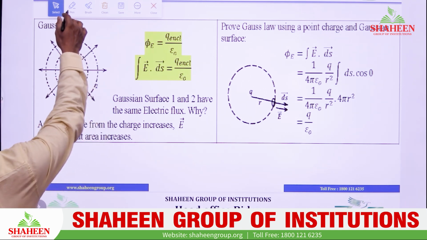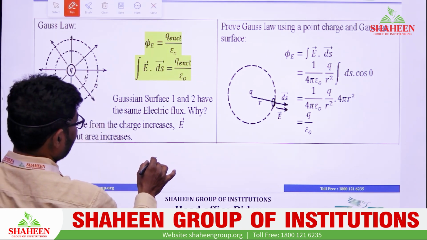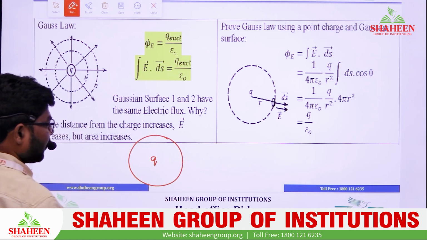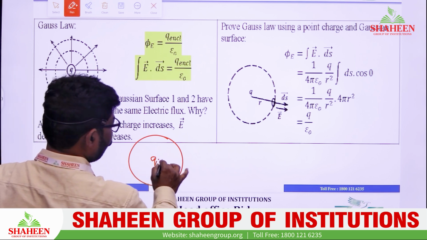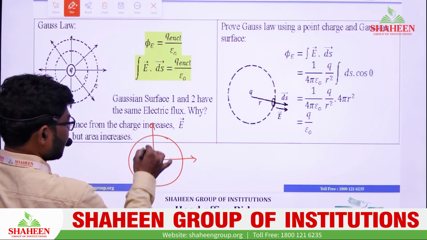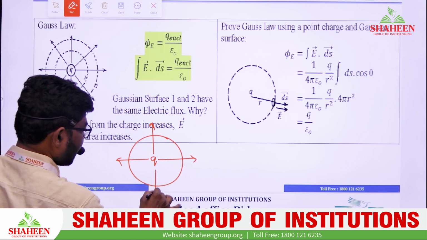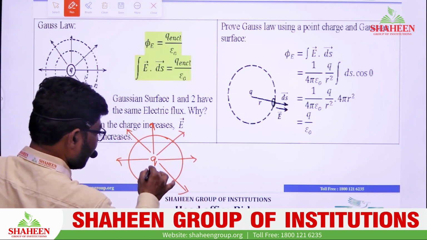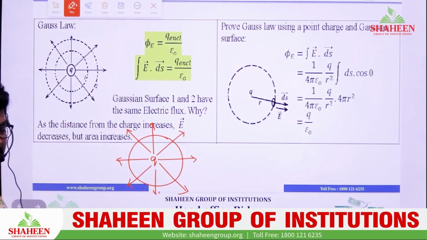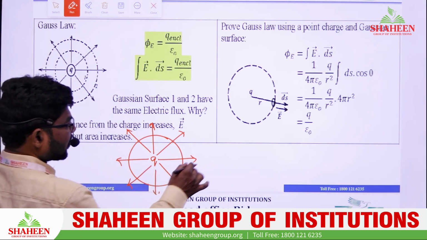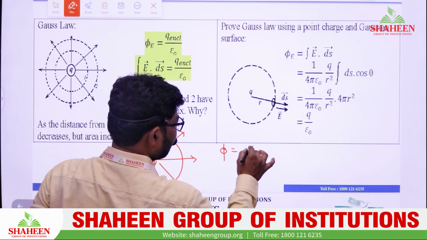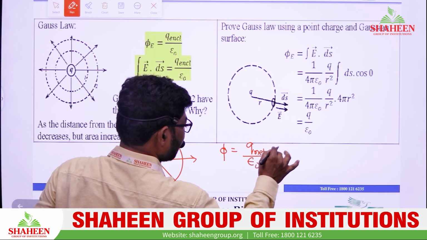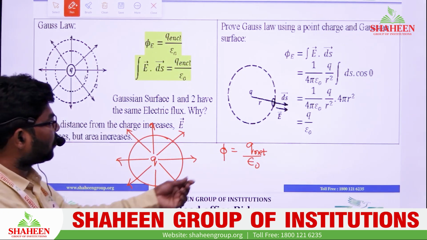If there is a charge enclosed by a Gaussian surface, the total flux emanating from this Gaussian surface, meaning the number of field lines emanating, is equal to 1 by epsilon naught times the total charge, the net charge or enclosed charge.